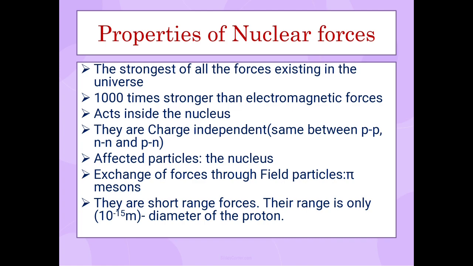They are called short-ranged forces. Because we know the size of the nucleus is around 10 to the power of minus 15 meter, or 1 Fermi, which is almost equal to the diameter of a proton. So they can act only over a very short distance of 10 to the power of minus 15 meter.